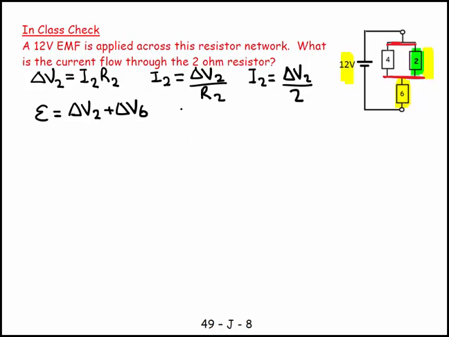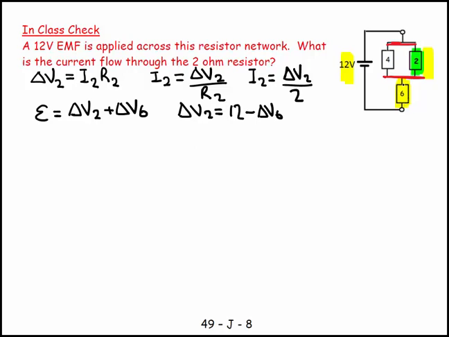And, well, I can rearrange it and say, well, the voltage drop across the 2 is equal to my EMF, which is 12, minus my voltage drop across the 6. Now I want to know the voltage drop across the 6.